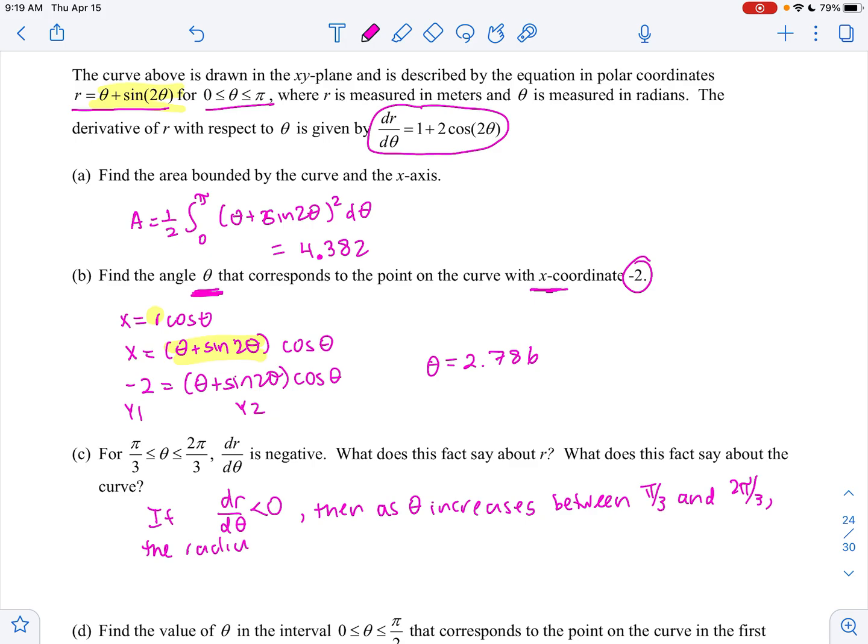So this is a direct interpretation of dr/d theta. And then we take it one step further and answer the second question. What does that mean about the curve? It means that the curve is moving closer to the origin.